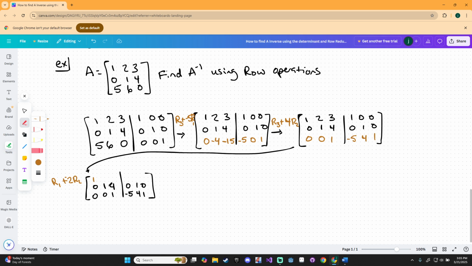We're going to have 1, 0, 4 times -2 is -8 plus 3. We got -5. We have 0 plus 1. And keep this 1 a 1. We're going to do -1 times -2 plus 0, -2, 0, 0. Keep that a 0.